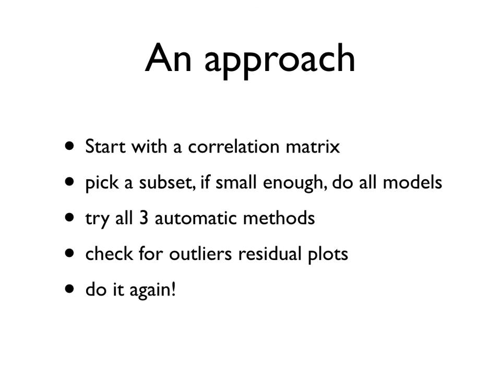And what you want is the expected value of Cp equals p, where p is the number of parameters in the model, number of predictors plus 1. So if you've got a 4-variable model, what's Cp then? If you have an unbiased model, it's 5. 4 predictors plus 1 is 5. Okay? So you're going to look at things like the R-squared and residual plots, but you're also going to look at measures like Cp, which can be very useful.